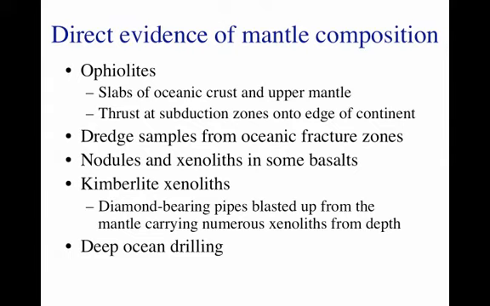These are the diamond-bearing volcanic pipes that form during explosive eruptions in the geologic past and in generally the cratons of all the major continents. And we also have cores from deep ocean drilling.